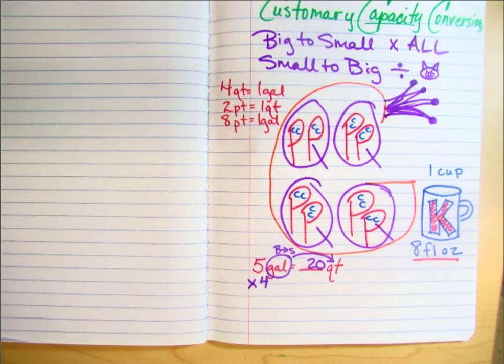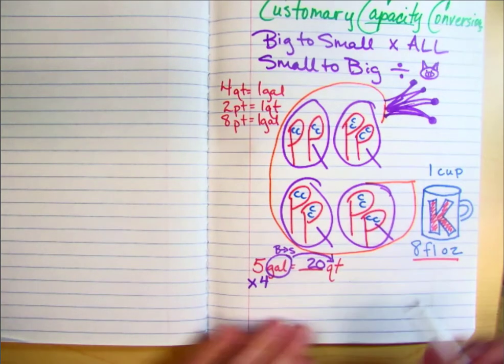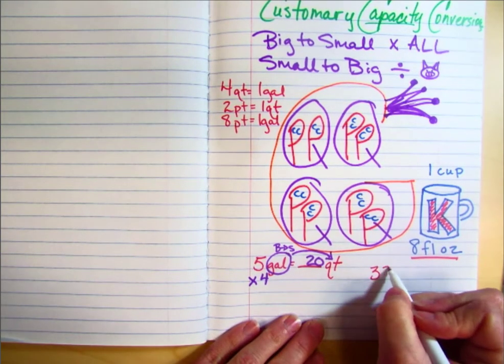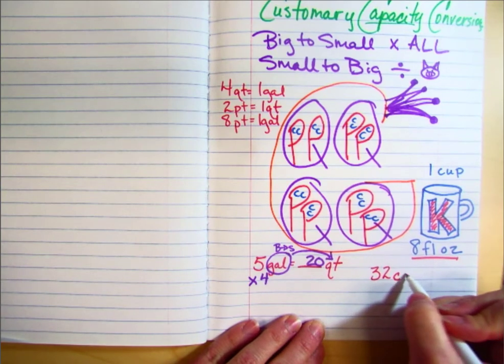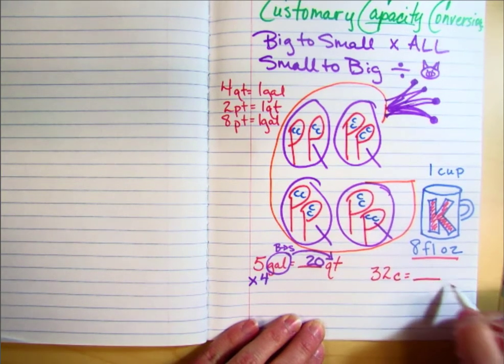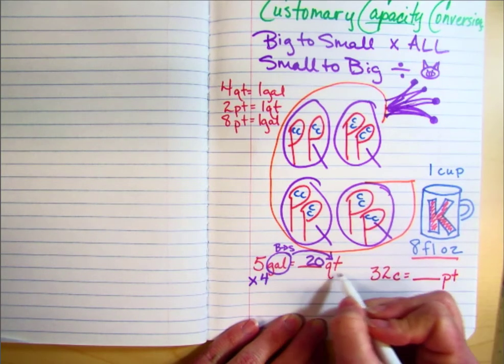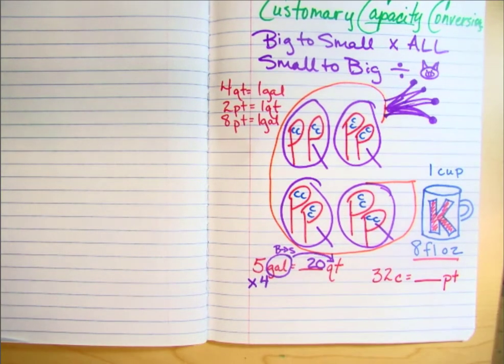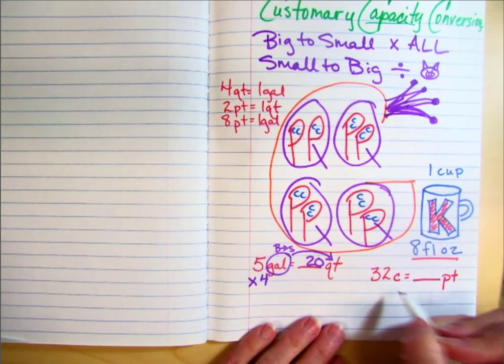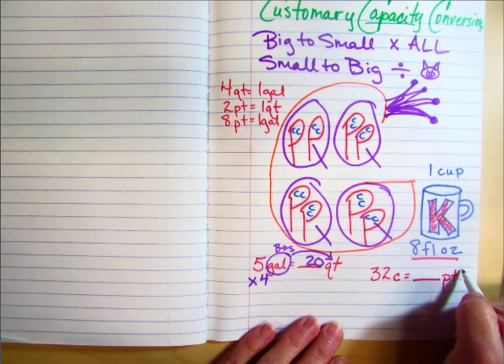I'm going to show you another one. If we do 32 cups and I want to change it to pints, pint is abbreviated PT, quart, QT. I'm going to circle my big. What's bigger, the cat or the princess? Well, hopefully not the cat.